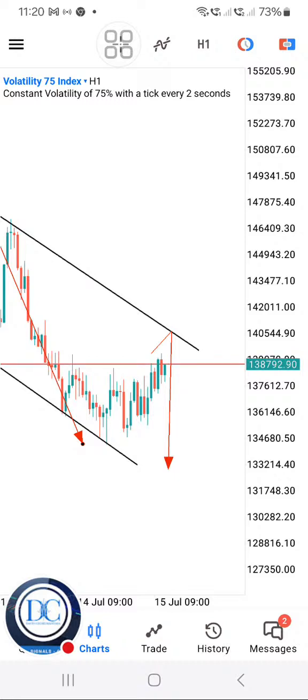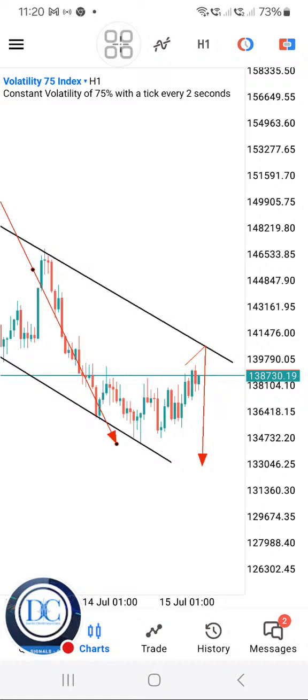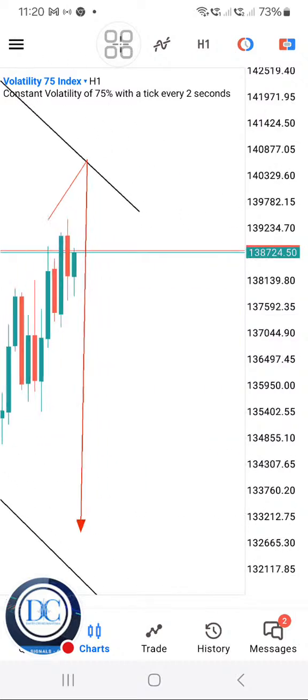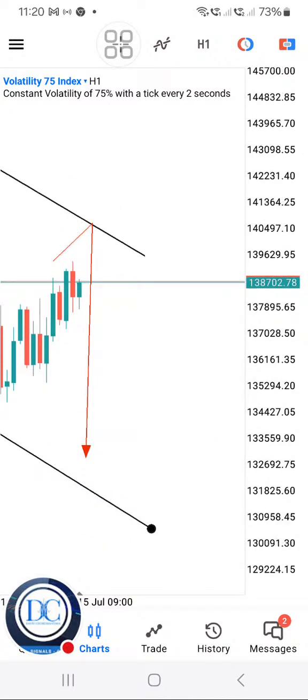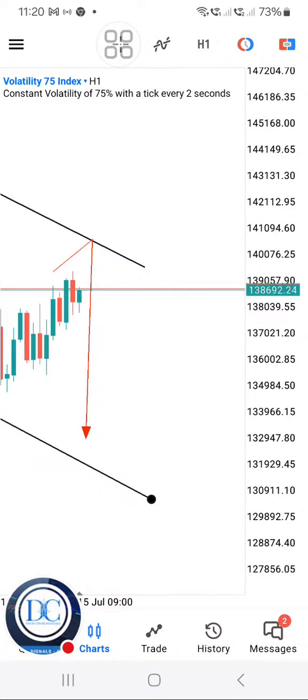So I don't want to buy here. What I want to see is price moving up. Price is to move up.